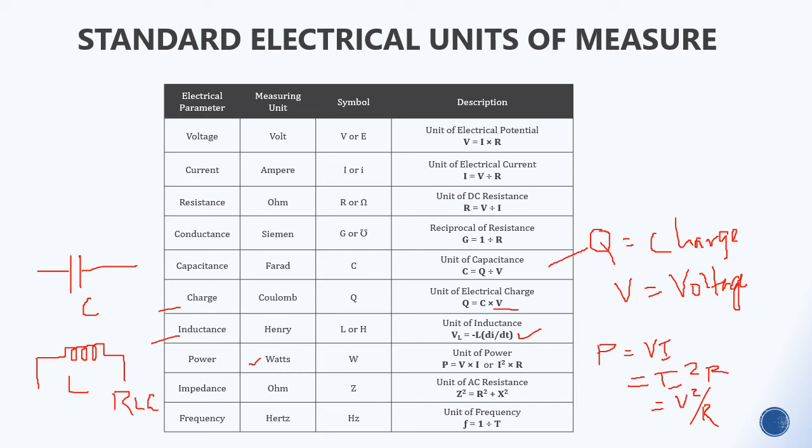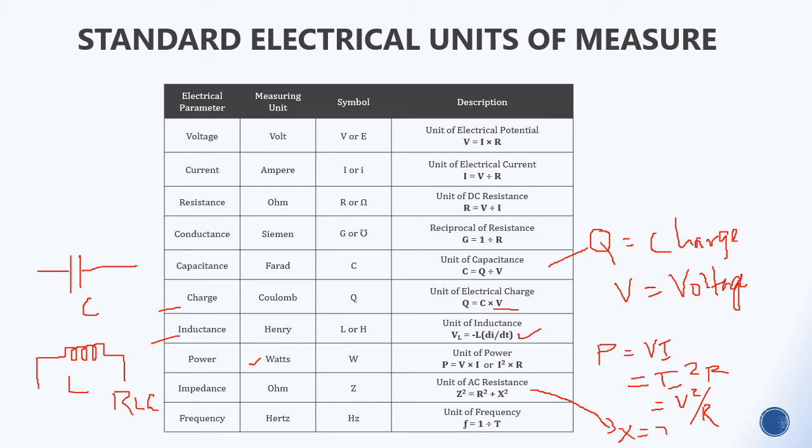The symbol is capital Z. The impedance can be calculated using this equation: Z squared is equal to R squared plus X squared. Capital X represents the reactance.